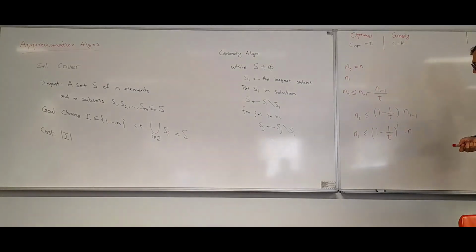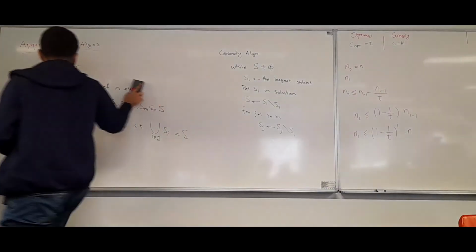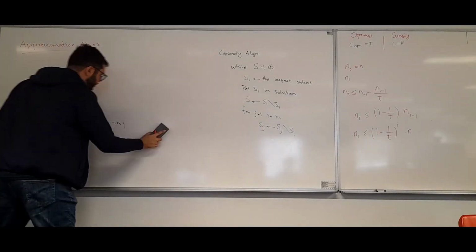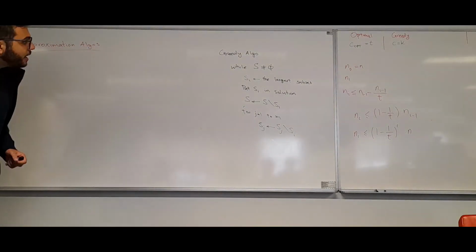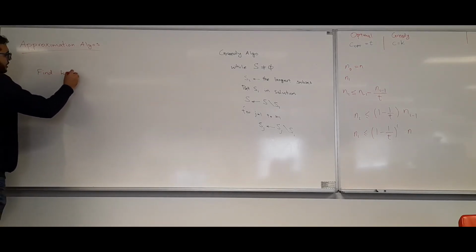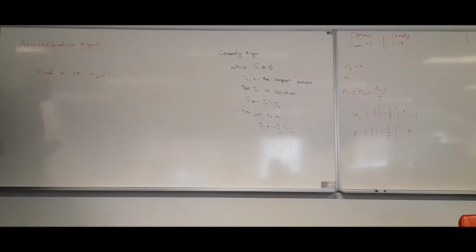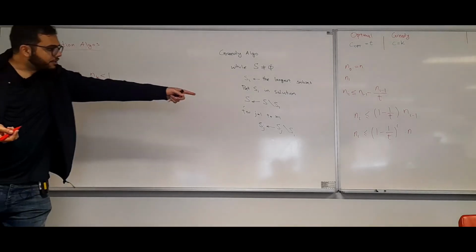So I have to find a K. I want to find some value for K such that Nk is guaranteed to be less than 1. Because if I find that, I know that at my Kth iteration, I no longer have anything. And because I don't have anything in my set, I've already covered everything.